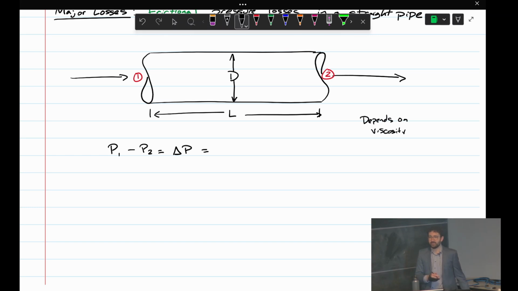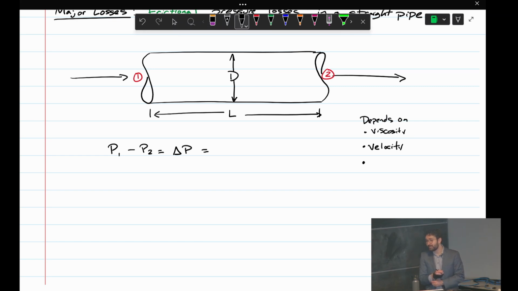What else could it depend on? The velocity, right. The actual pressure drop will change as a function of the speed it's moving. This is just like mechanical friction. What else could this depend on?